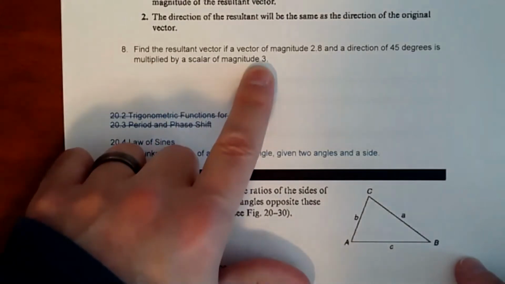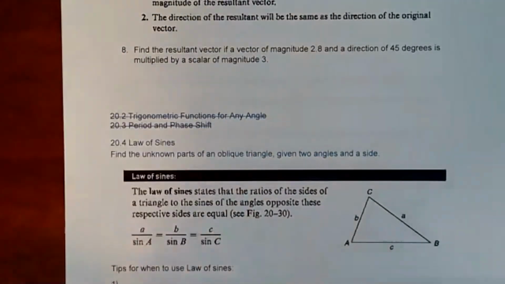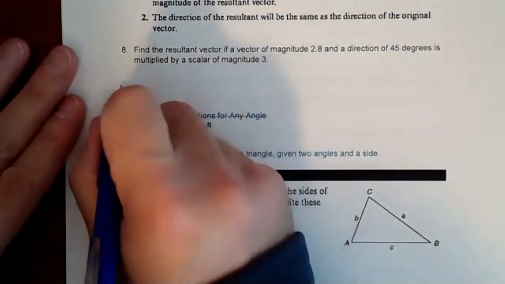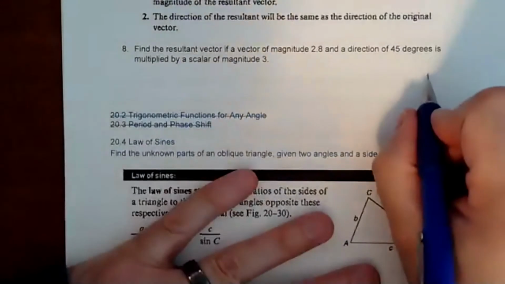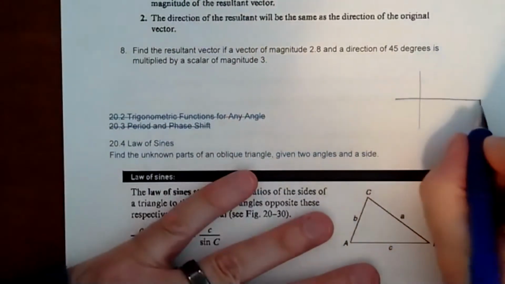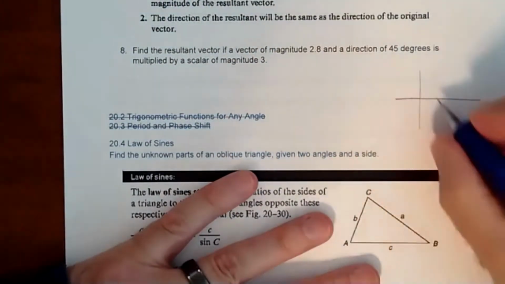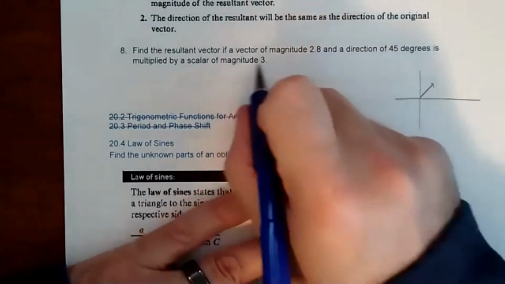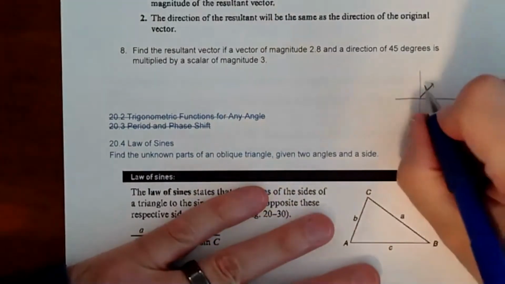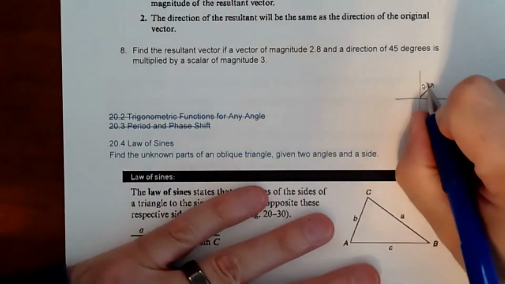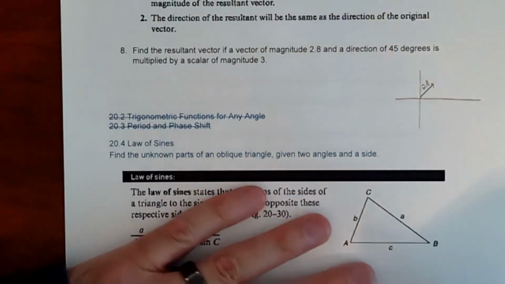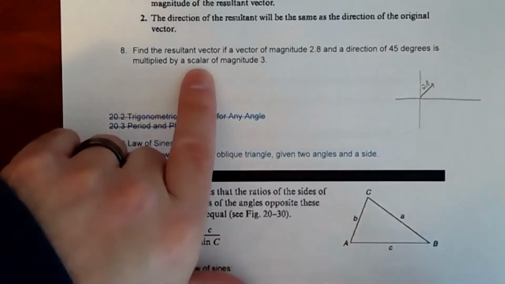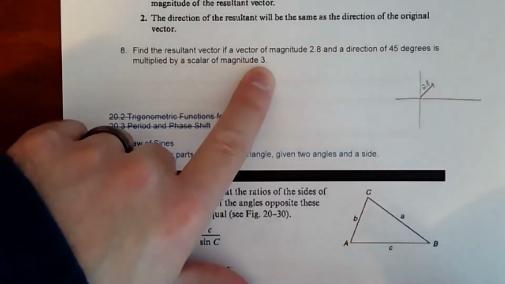All that means is it's going to triple it. So visually, what you got going on is you have something that is heading in a direction of 45, and its magnitude is 2.8.